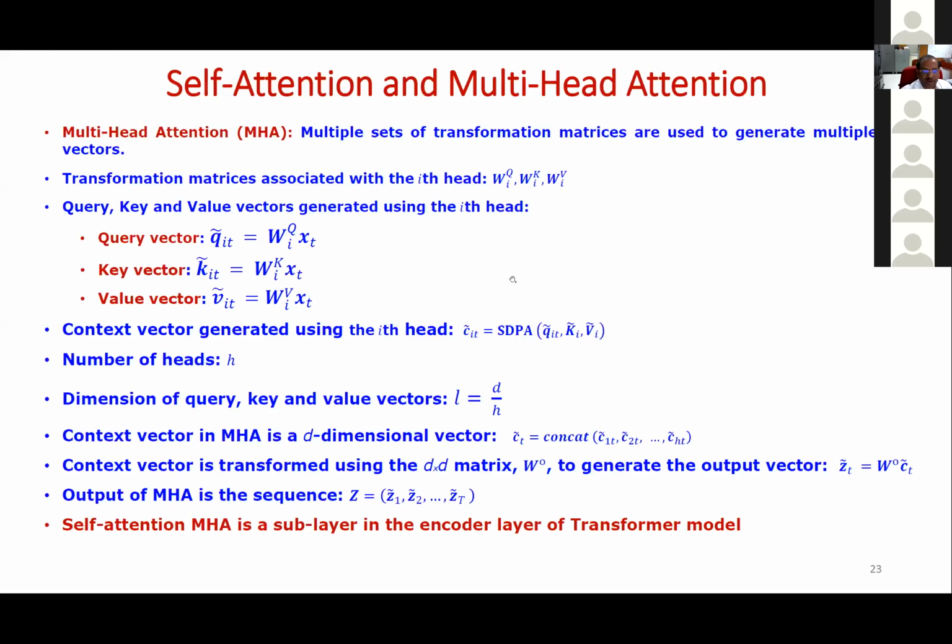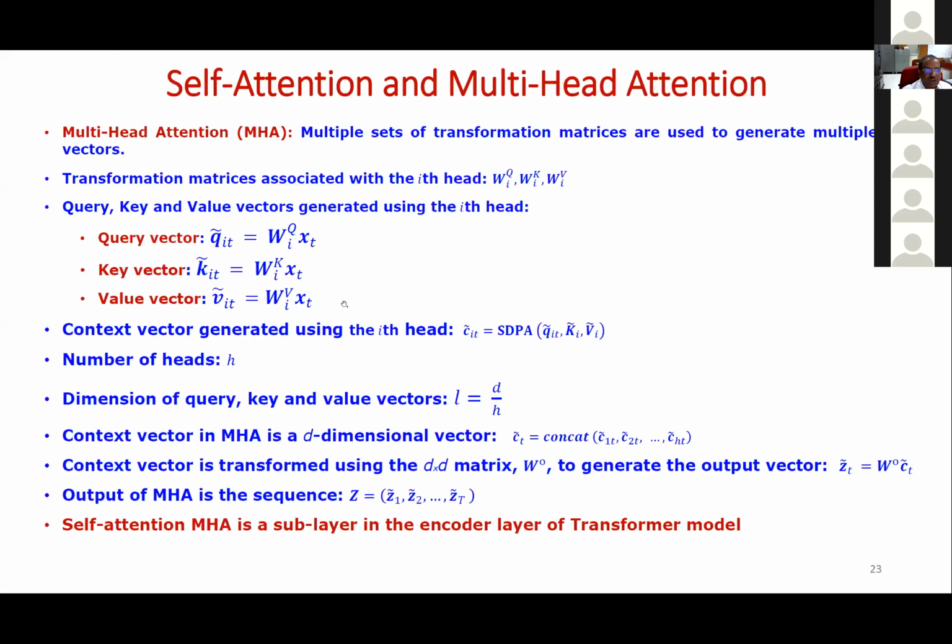And this we can do using a certain number of heads. Again, that's a hyperparameter. If I use H as the number of heads, typically the dimensionality of all these query, key, and value vectors will be related to the original dimensionality D of the feature vectors in the sequence and this H. So L is equal to D by H. Again, we'll be seeing the reason for that trick.